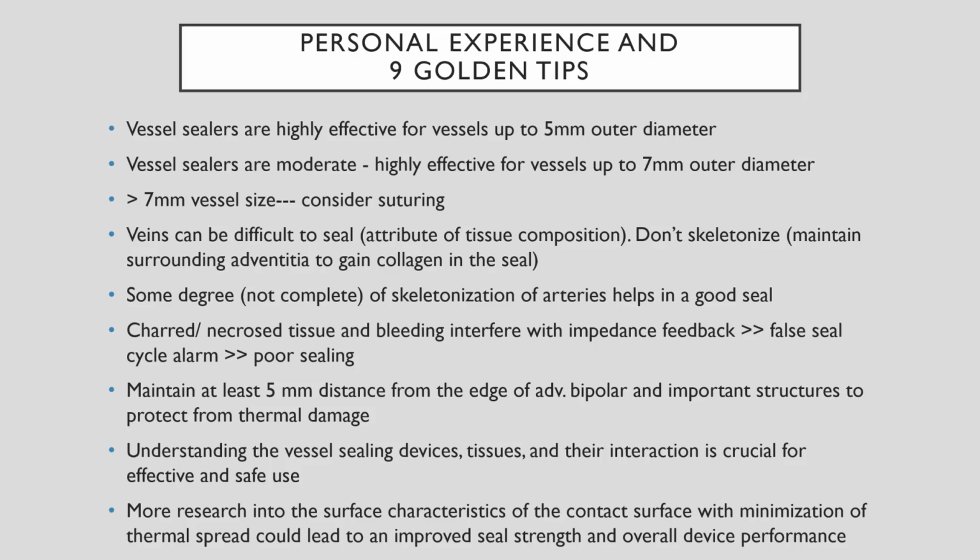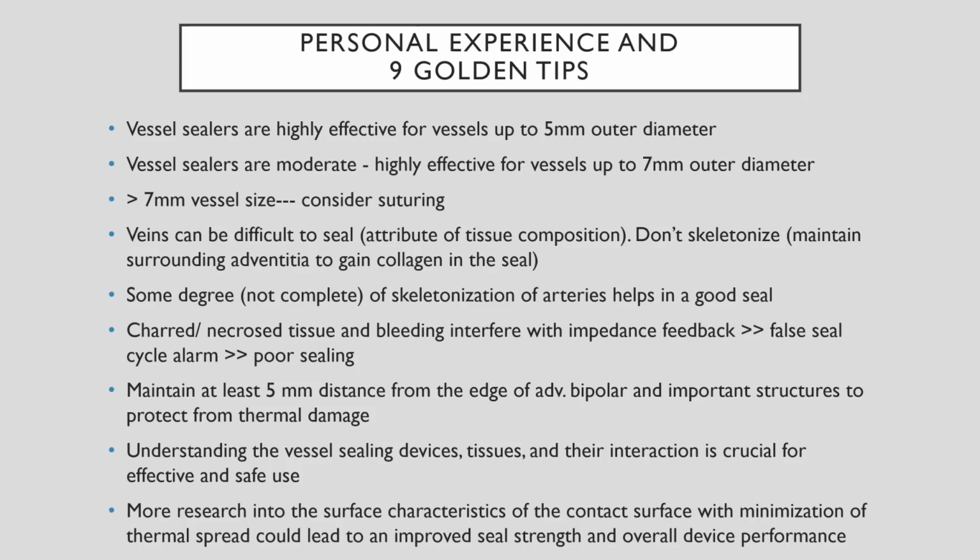Okay, so for 7 millimeter, you should be considerate of what tissues you are dealing with, what type of device, what energy. So all these things are important, and you can increase your performance by sealing at multiple places. These are the surgical hacks that you can use: instead of sealing just at one place, you can seal the vessel at 2 or 3 places.